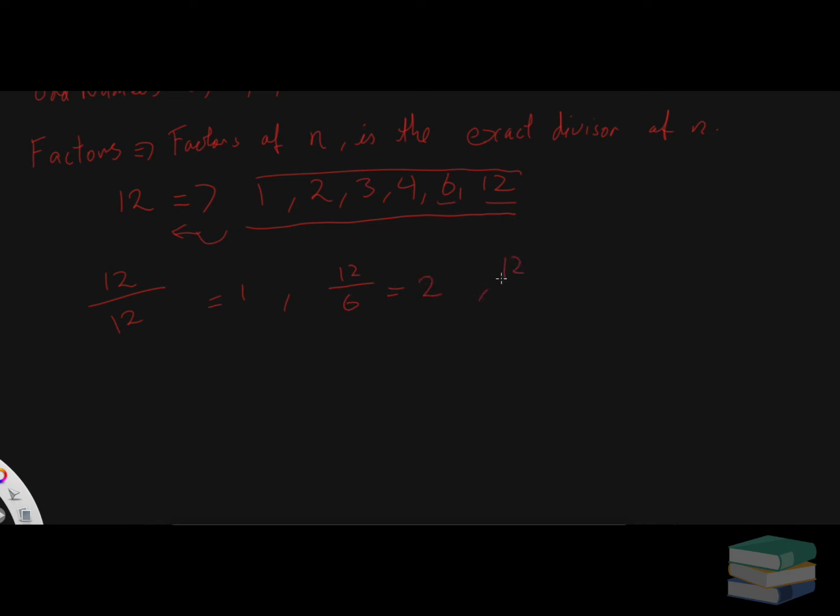Divide by 4, you'll get 3. Divide by 3, you'll get 4. 12 divided by 2, you'll get 6. So again, factors of n are the exact divisors of n. Factors of this number n here are any numbers that could be divided into it.